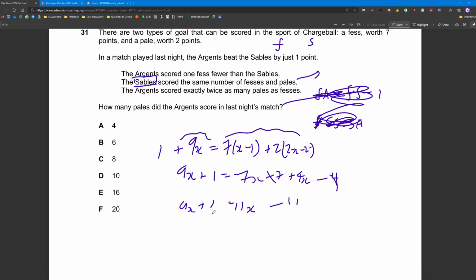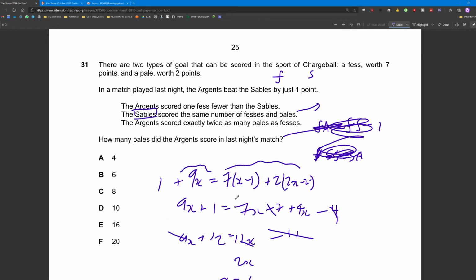If we add 11 to both sides, this becomes 12, and removing 9x from both sides, this becomes 2, so x is 6. That means if x goals of each type were scored by these guys, 2x minus 2 is 10 pails scored by the argents.